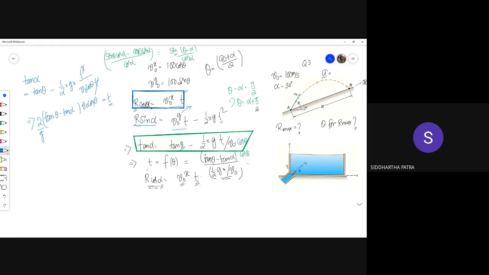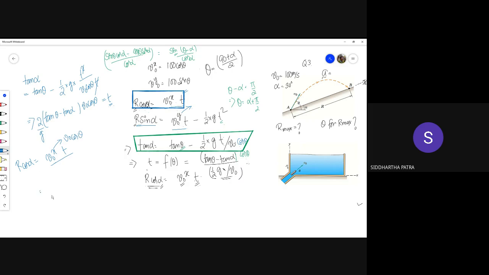Oh, I got it. So you see, r cos alpha is v0x times t. So not only do you have to maximize t, you will have to maximize this quantity multiplied by v0 cos theta.